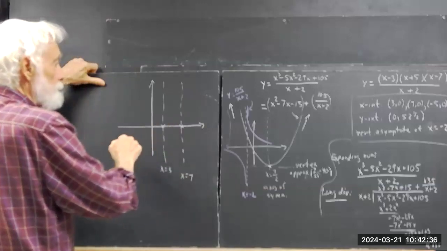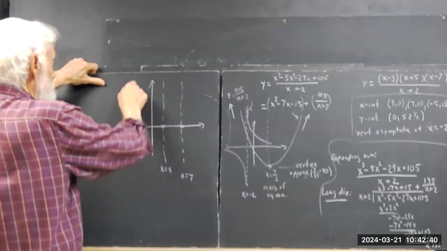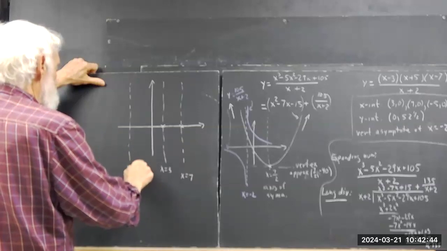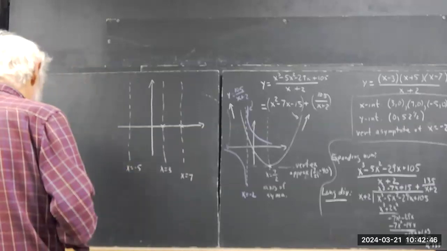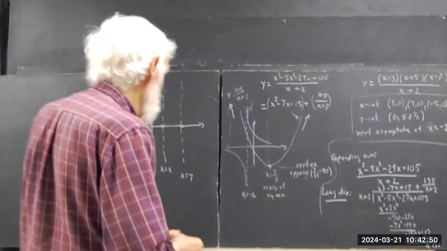Here. And x equals -5 would be about, maybe there. Y-intercept is 0, 52½.